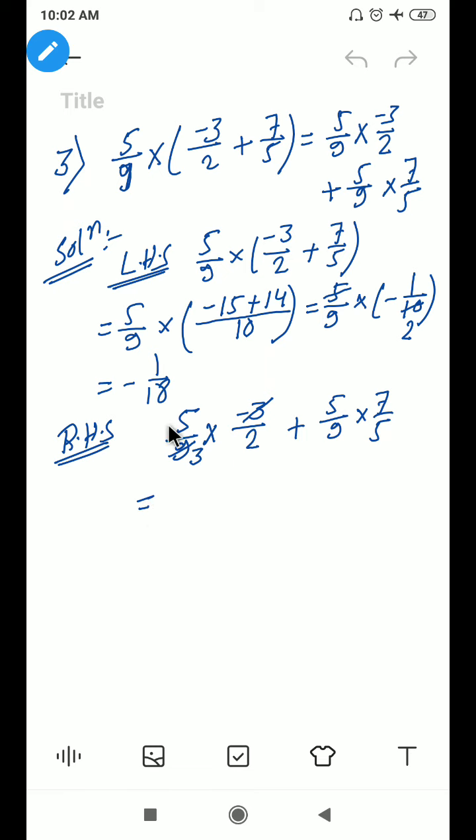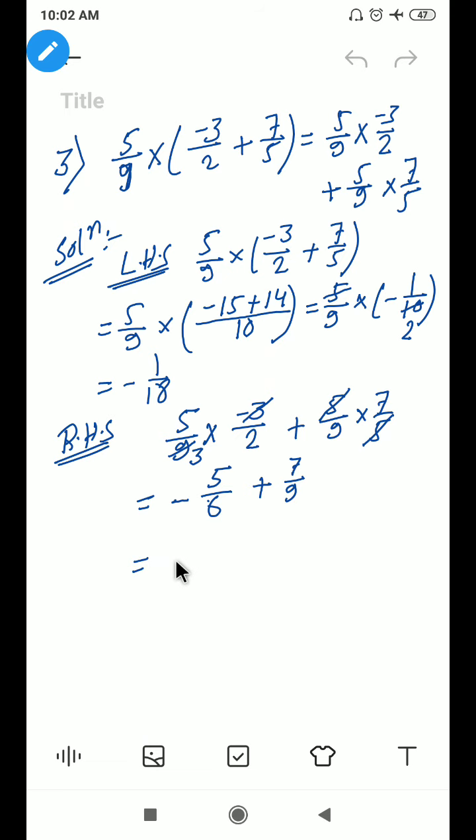Whenever you multiply something, firstly multiply their signs. So here the sign is given plus and here minus. So plus minus, it will be minus. And 5 ones are 5 and 3 twos are 6, plus, and this 5 will be cancelled out, and here 7 by 9 is left.